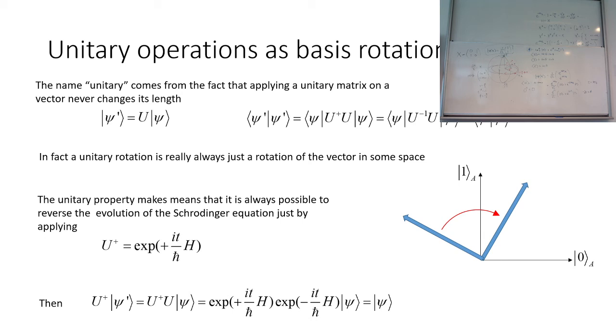By definition, it's that, right? But for a unitary matrix, U dagger is equal to U inverse. That's what a unitary matrix is. And then U inverse U cancels, and you just get the initial state, and that's 1. So a unitary rotation never changes the length of the vector. You can of course have some matrices that change the length, but unitary rotations always leave the length of the vector the same.